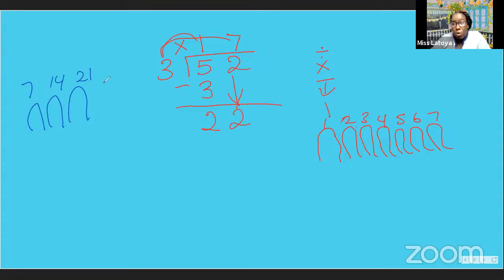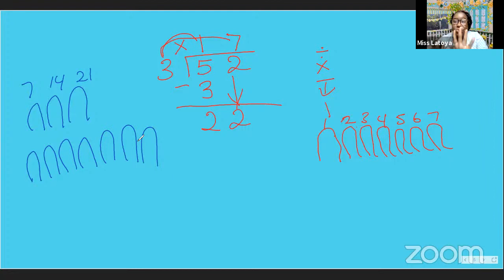Or for those of you who cannot count in 7s, I can put up 7 fingers, 1, 2, 3, 4, 5, 6, 7, and count in 3s, as I just did. So 3 7s is what? Let's count. 3, 6, 9, 12, 15, 18, 21. So 3 7s are 21, okay?